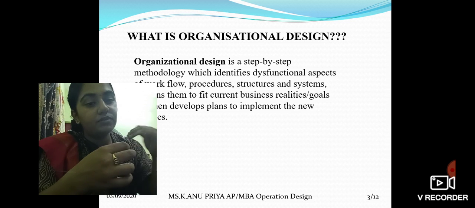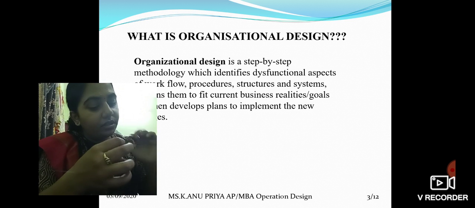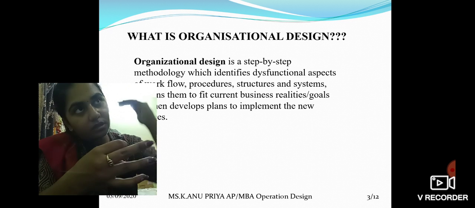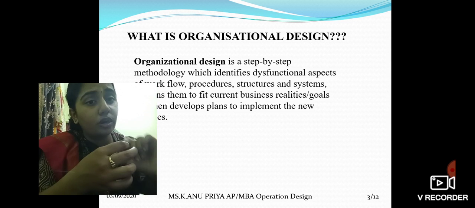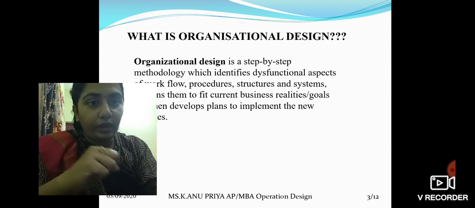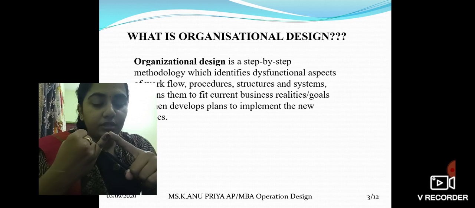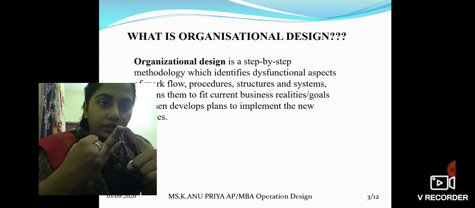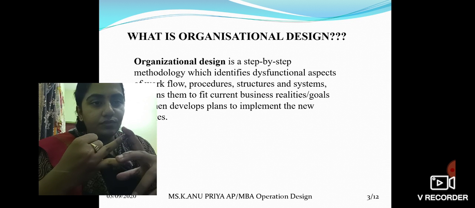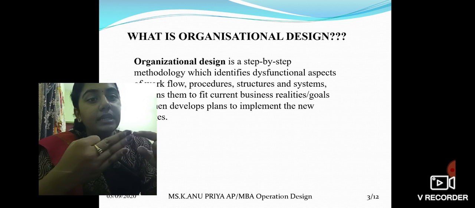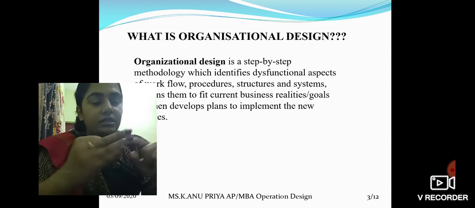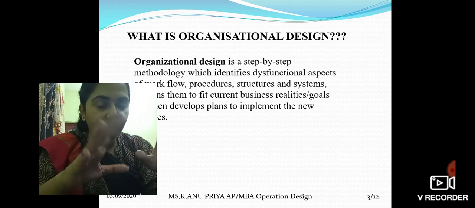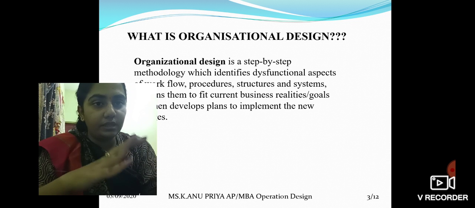Sometimes it goes from lower to upper, to the top, vice versa. So the flow should be studied. What are the procedures followed by the organization? What are the simple procedures? Next are structures and systems. What systems are followed by them?